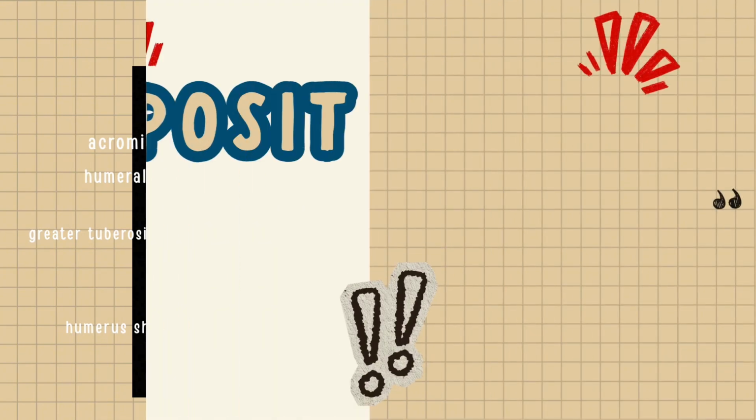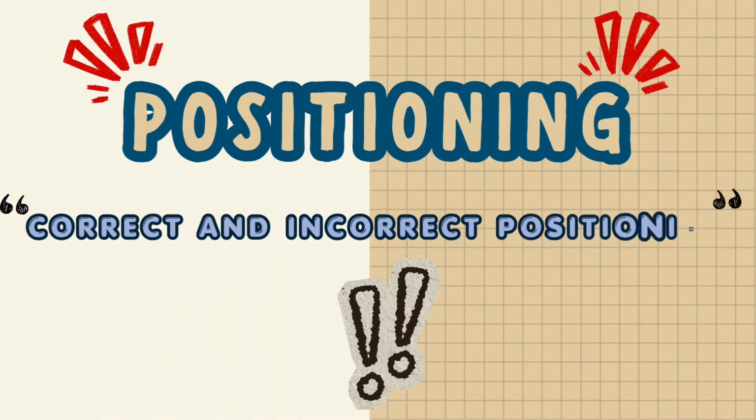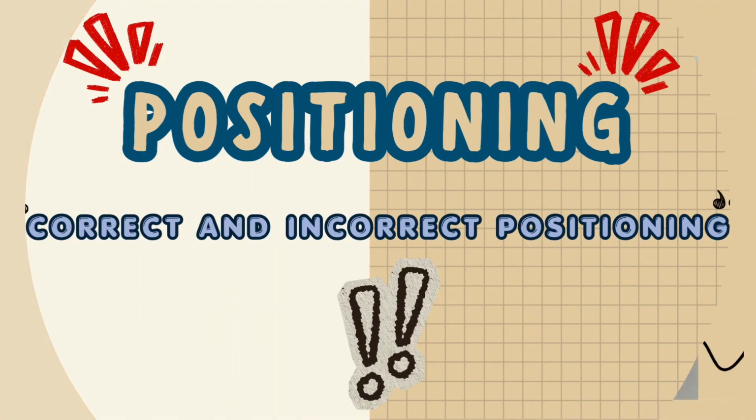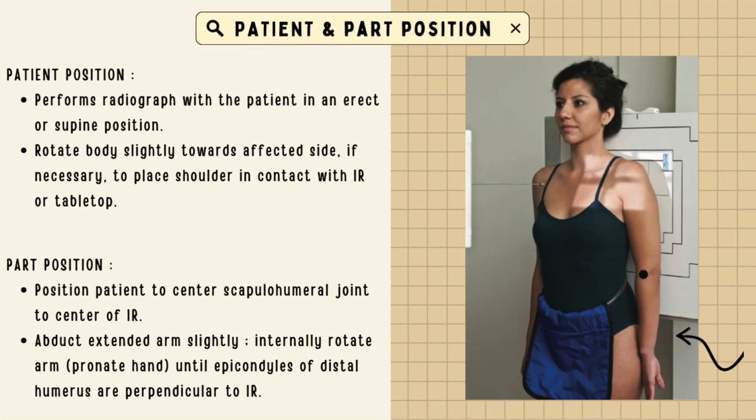The next slide is positioning. I will explain the correct and incorrect positioning. Before that, I will explain the patient and part position. For the patient position, the radiograph is performed with the patient in an erect or supine position. The body is rotated slightly towards the affected side, if necessary, to place the shoulder in contact with the IR or tabletop.